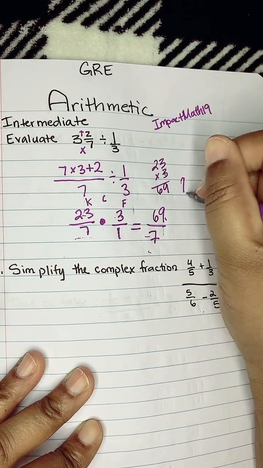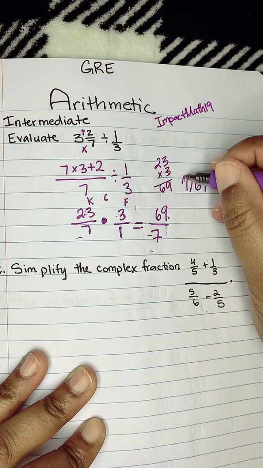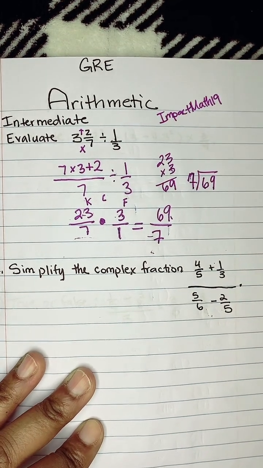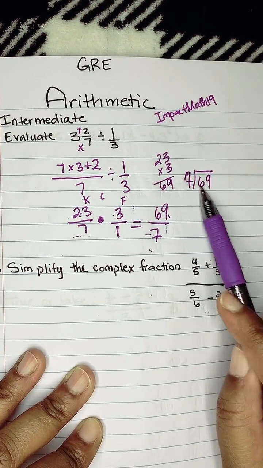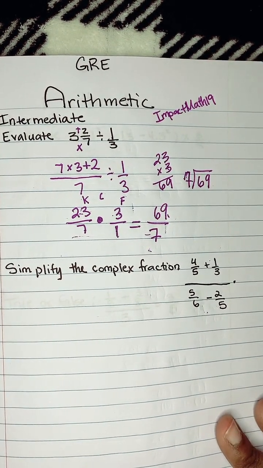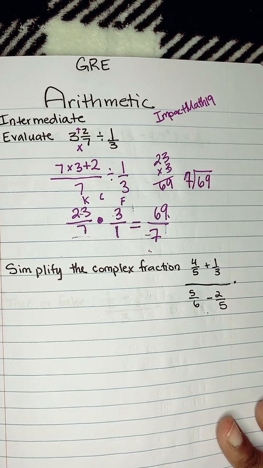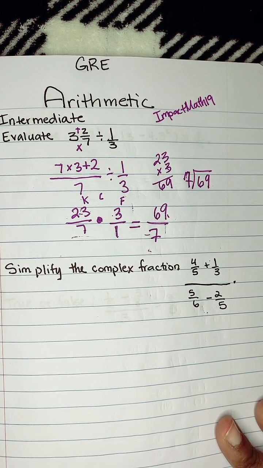So 7 into 69. So how many 7s can fit into 69? What do you guys say in the chat? Good. I see those answers coming in. Beautiful, you guys. Oh, Moon said 9 and 6/7.